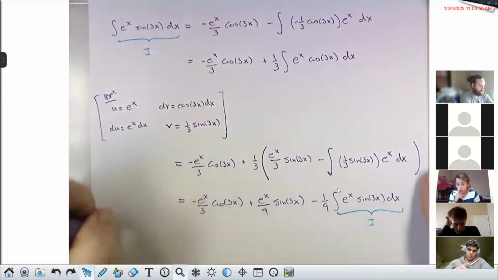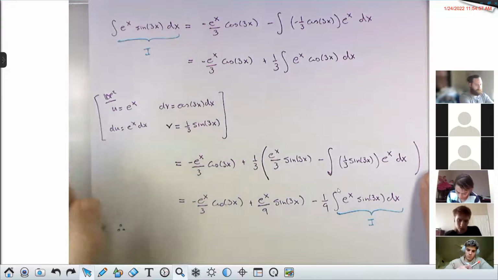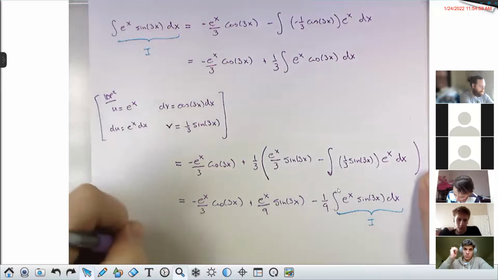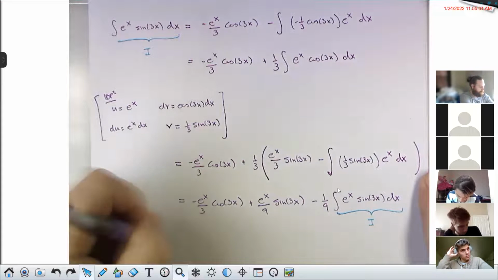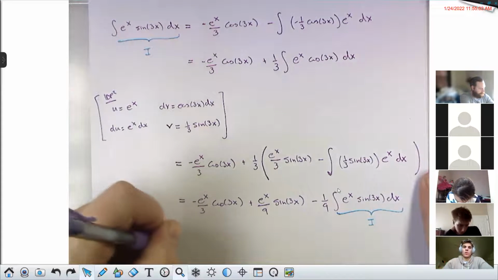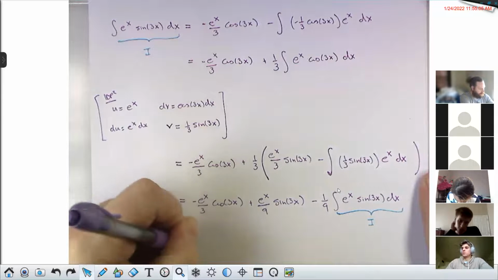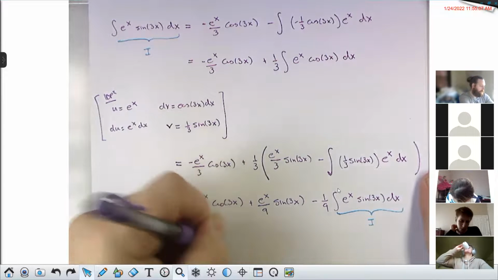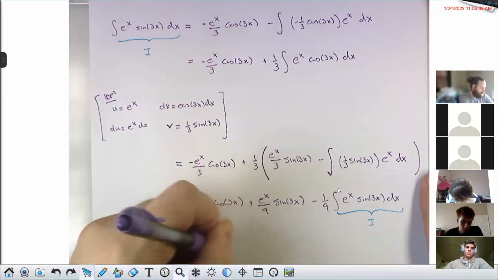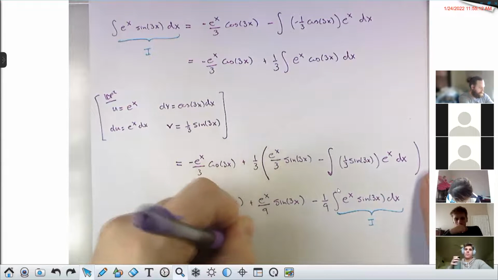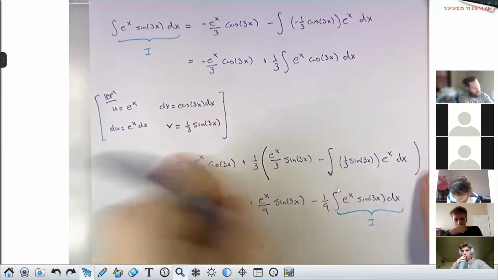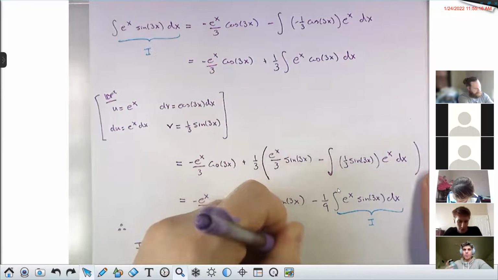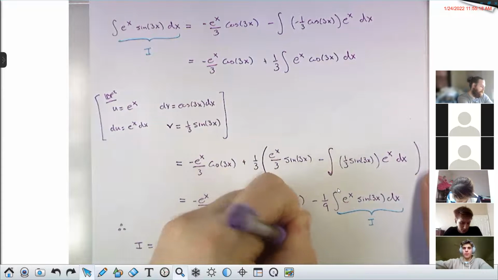Yeah, so let me write it up. So what we get here, therefore, I equals negative e to the x over 3 cos 3x plus e to the x over 9 sine 3x minus 1/9 I.